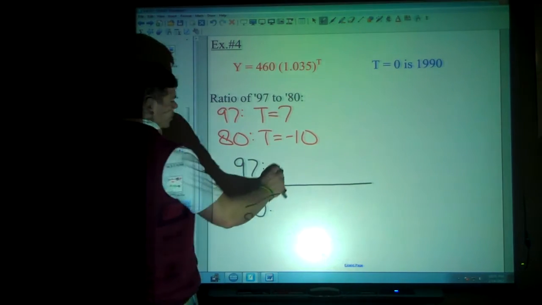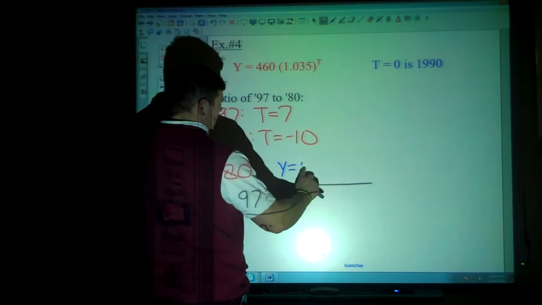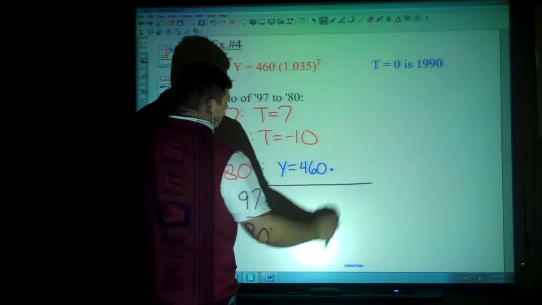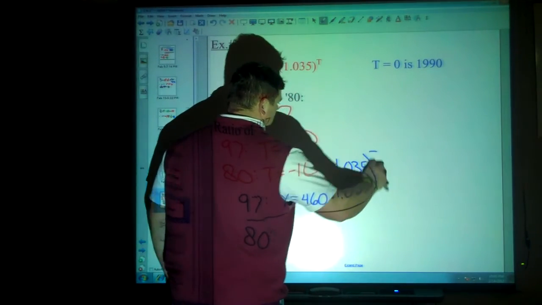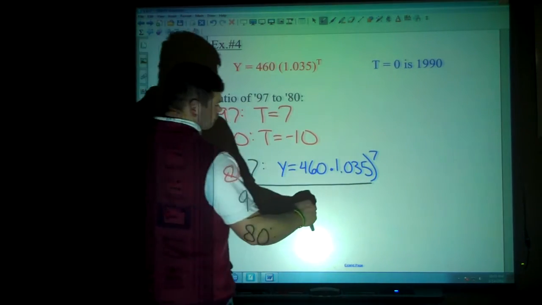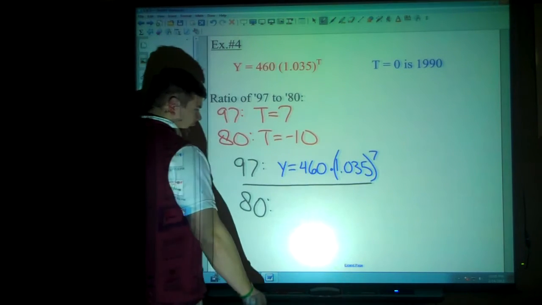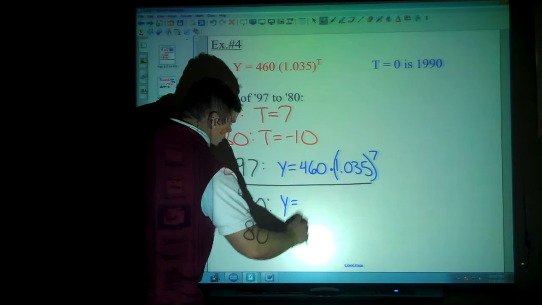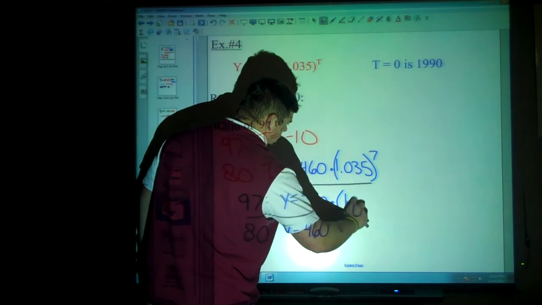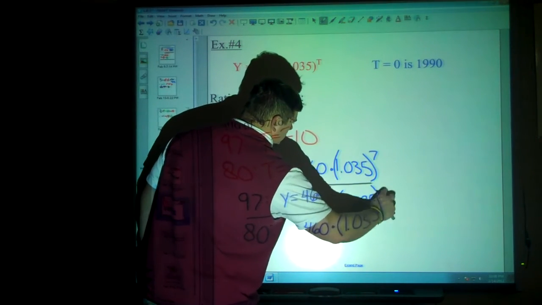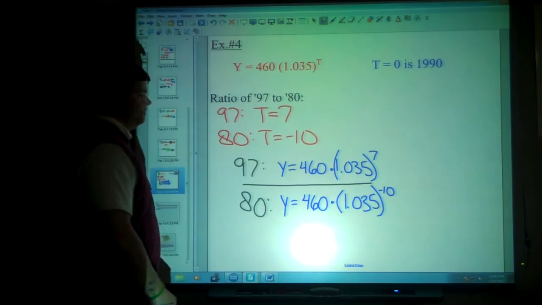So I will say y equals 460 times 1.035 to the 7th power. And down below, y equals 460 times 1.035 to the negative 10th.